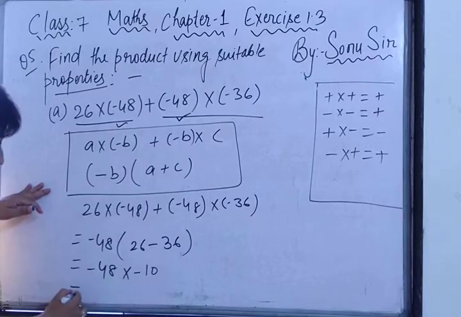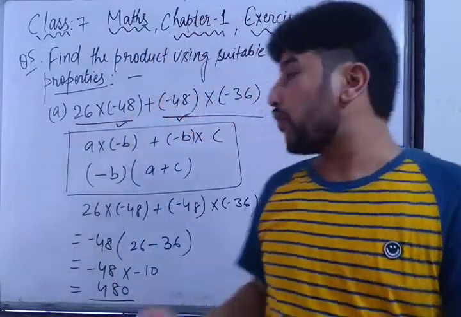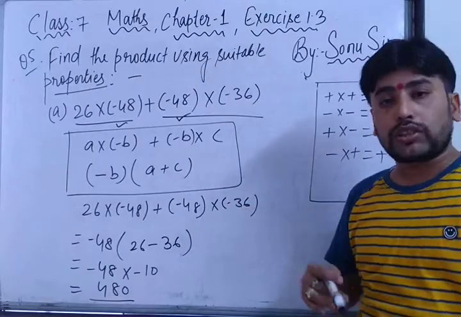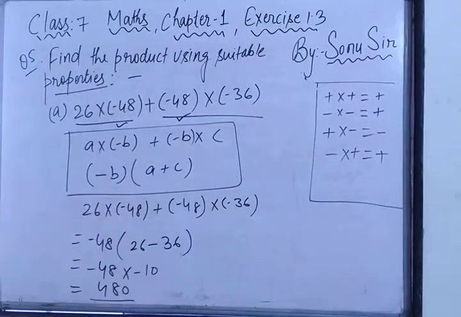Minus minus plus. And 48 into 10 is 480. This will be the right answer for the first. In this question, you have to just use the suitable properties. If you want to take a screenshot, you can take a screenshot. Otherwise, if you want to write in your notebook, you can write the answer in your notebook.